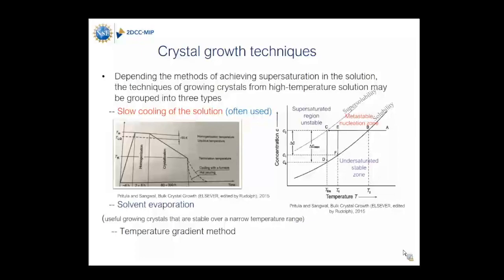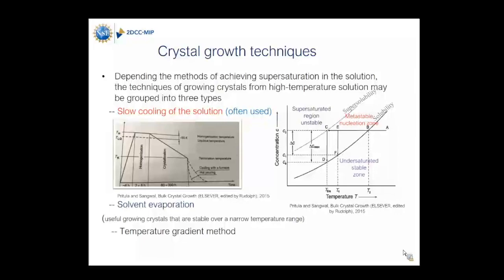So here I just want to make a brief comment on slow cooling. This shows how we grow crystals through cooling. If you know the melting point of the desired compound, then it's straightforward. It's a lot easier. You first use either elements or polycrystalline material as a source material.